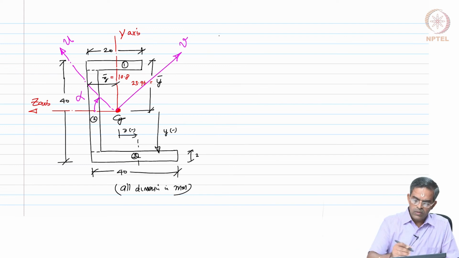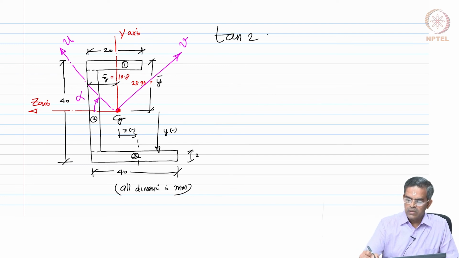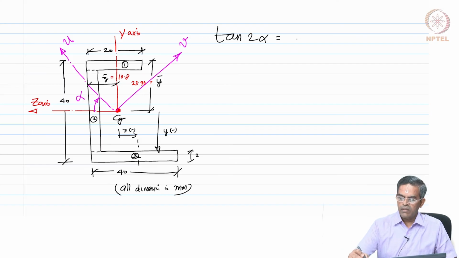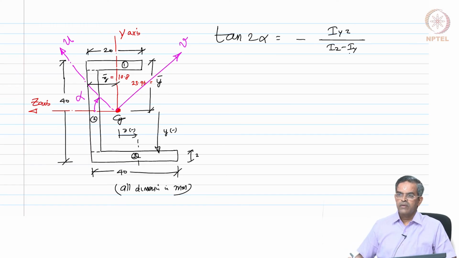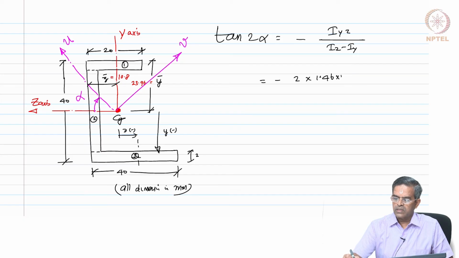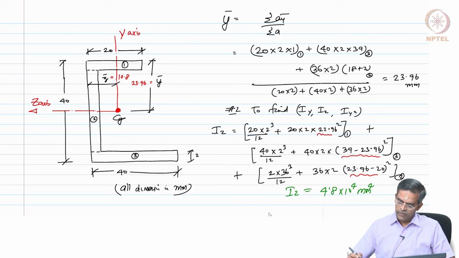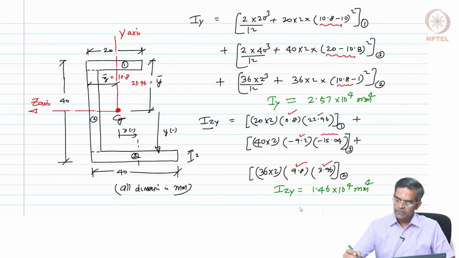Okay, and we know tan 2 alpha is given by minus of Iyz by Iz minus Iy. Now, we have all the 3 values with us. We will substitute them, minus twice of 1.46 × 10^4 by Iz value is 4.8 and Iy value is 2.57.